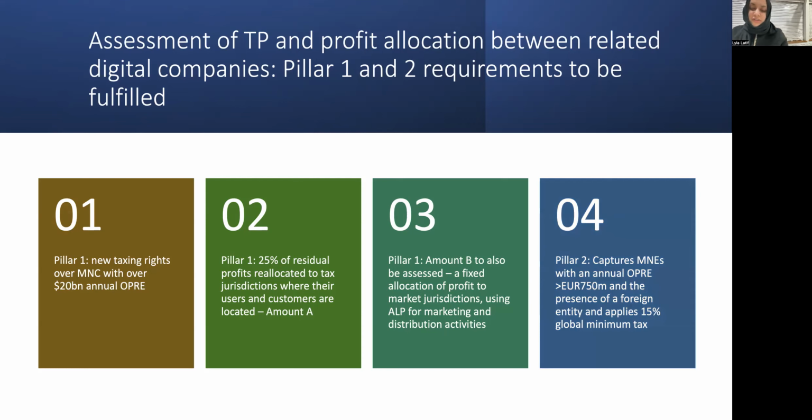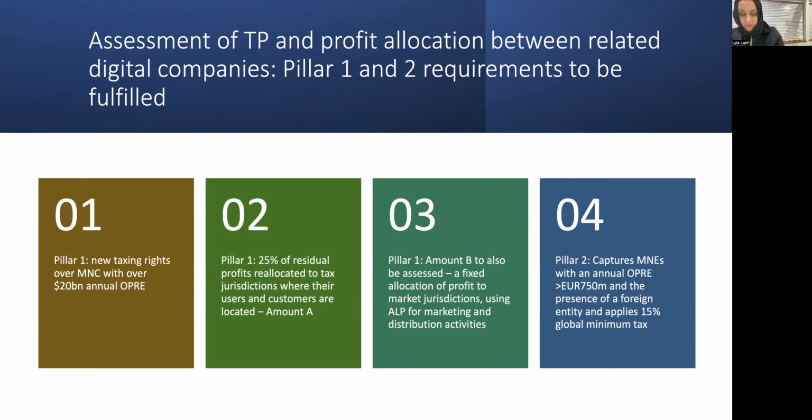And then we have Pillar 2's scope, which also has to be fulfilled if, in assessing transfer pricing, any part of Action 1 on the digital taxation, be it Amount A or Amount B or Pillar 1, Pillar 2, have to be incorporated.